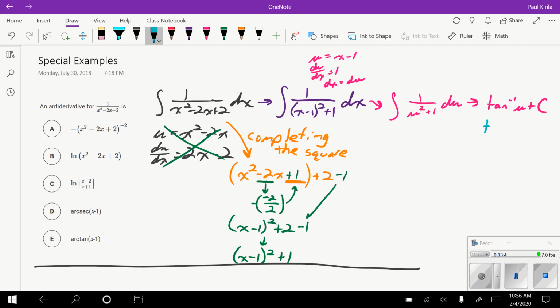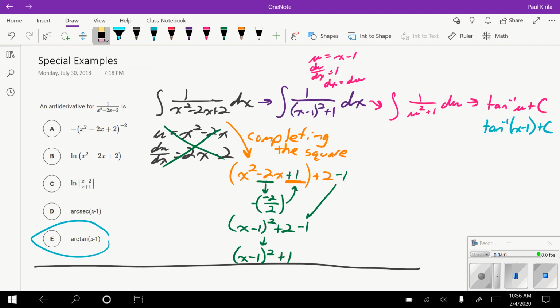And then changing back to x's, I have the inverse tangent of x minus 1 plus c, which, because they just ask for an antiderivative, means c could be any constant. That makes it our answer E.